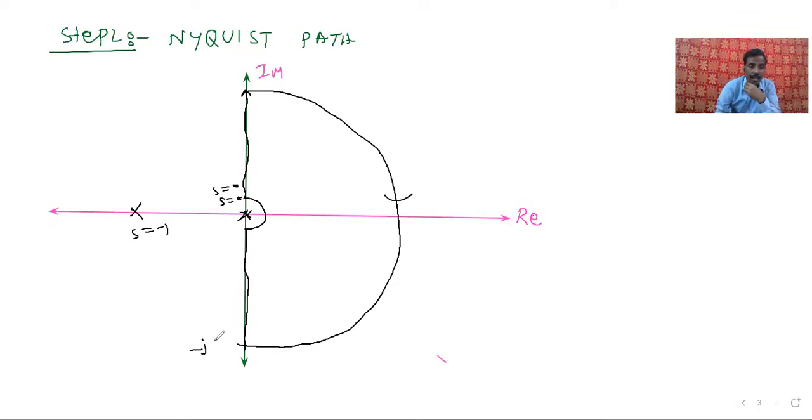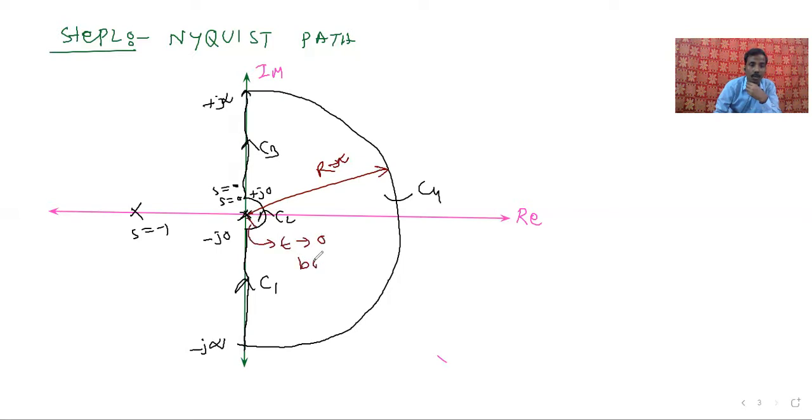Suppose this is minus j infinity to minus j0, plus j0 point, and this is plus j infinity point. This is the path C1, this is C2, this is C3, and this is C4. The radius R tends to infinity, and this small radius epsilon tends to 0, but not equal to 0.